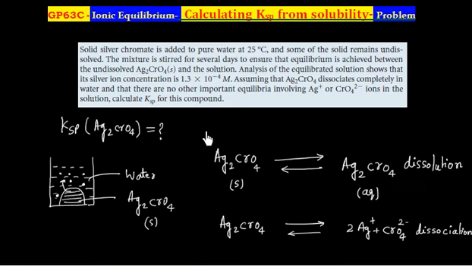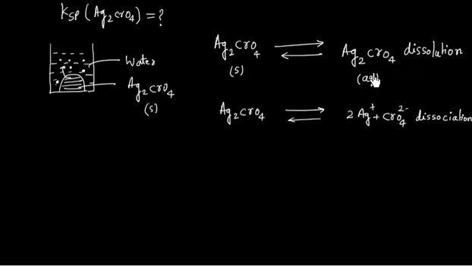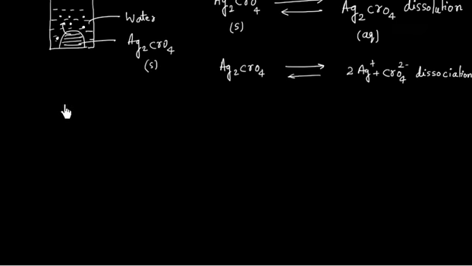Now the question says, assuming that Ag2CrO4 dissociates completely in water, that is, whatever Ag2CrO4 is dissolved gets dissociated. So all dissolved Ag2CrO4 gets dissociated.